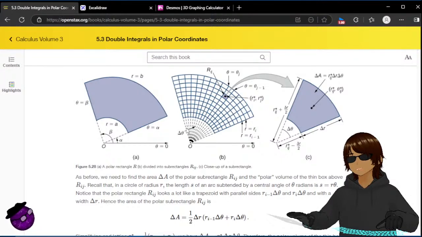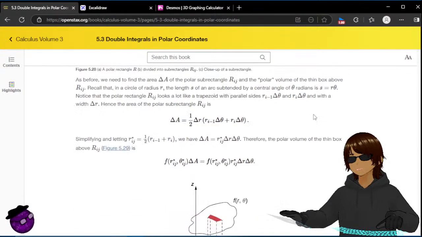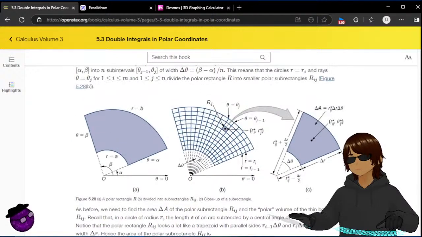So theta is in radians, and this length over here, the arc length, is r theta. Notice that the polar region Rij looks like a trapezoid with parallel sides r theta and ri theta, with the width delta r.